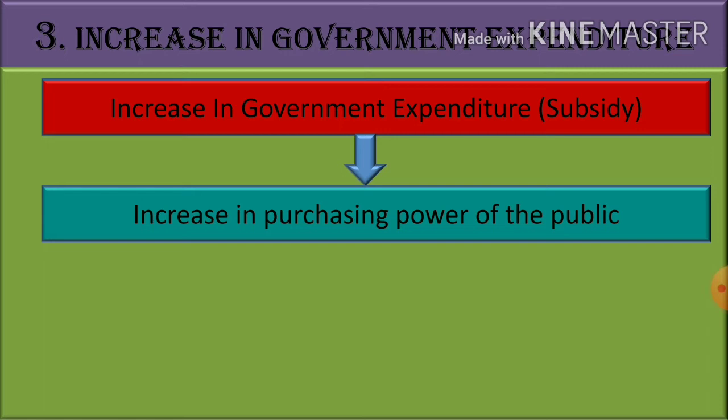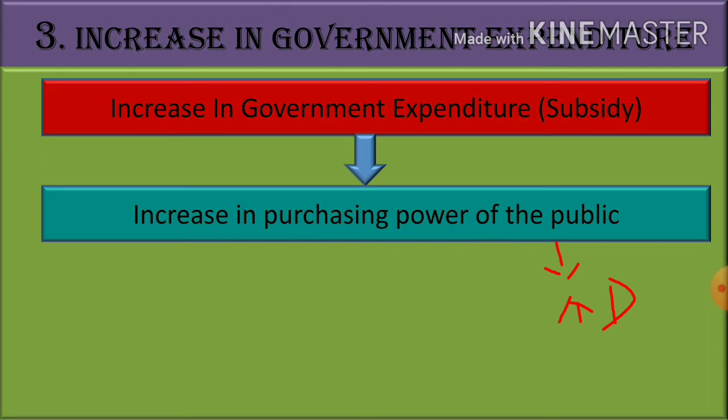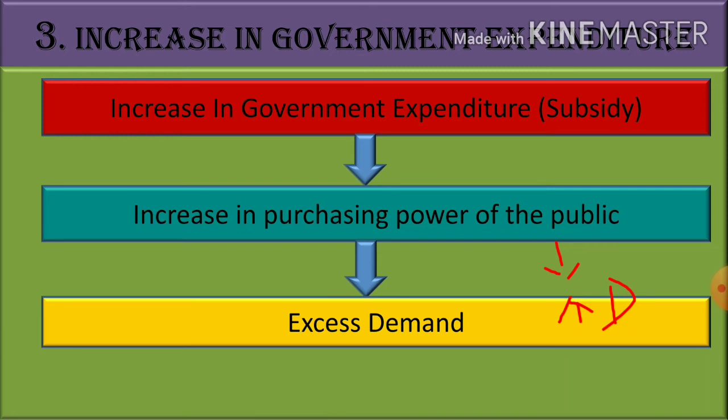As we discussed in the previous slide, if purchasing power of the consumers increases, demand in the economy will increase, and when this demand increases beyond a limit, there will be a situation of excess demand in the economy.